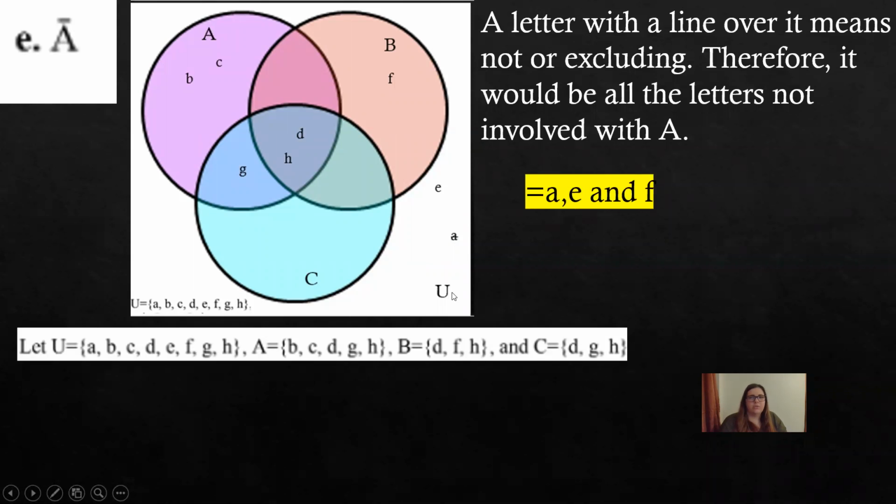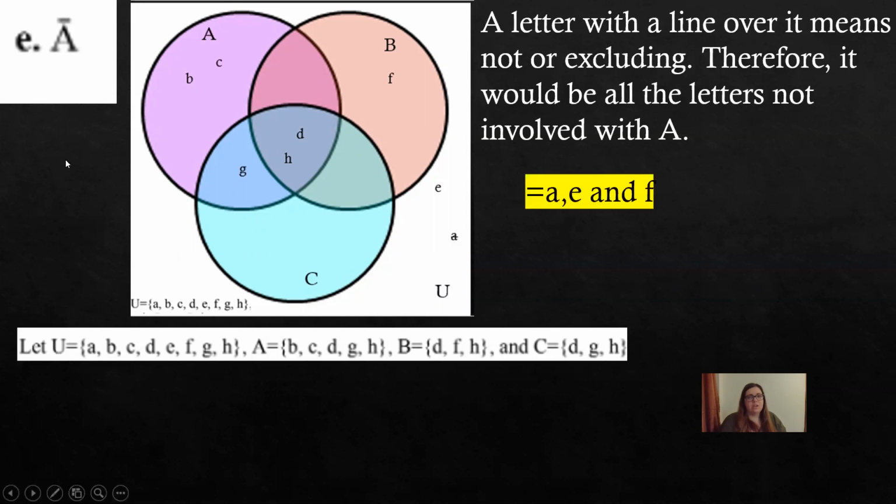All right, so what is a letter A with a line over it? Well, it's whatever letter or shape that you have with a line over it, but for instance, we have an A. So a letter with a line over it means not or excluding.